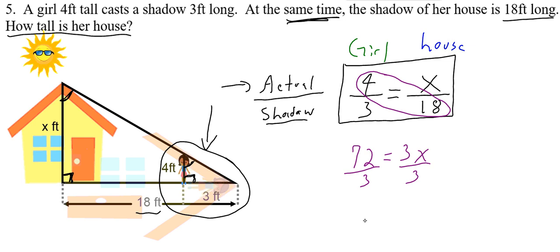And then I'm going to get x is equal to 24. So 3 goes into 60 20 times. I have 12 left over, so I'm at 24. And then it's a word problem in geometry, so I should be thinking about units. So 24 feet tall is my house.